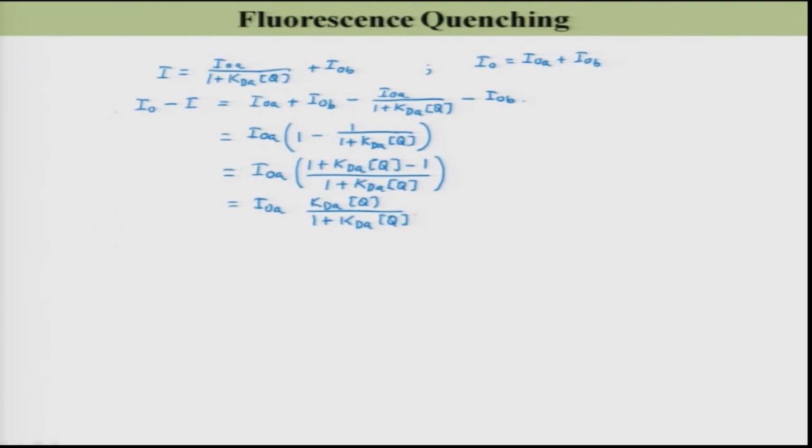So, this one I write as delta I. I can also write this as a delta I. So, 1 over delta I is equal to 1 plus K dA into Q divided by I0A K dA into Q. Now, I multiply both sides by I0.